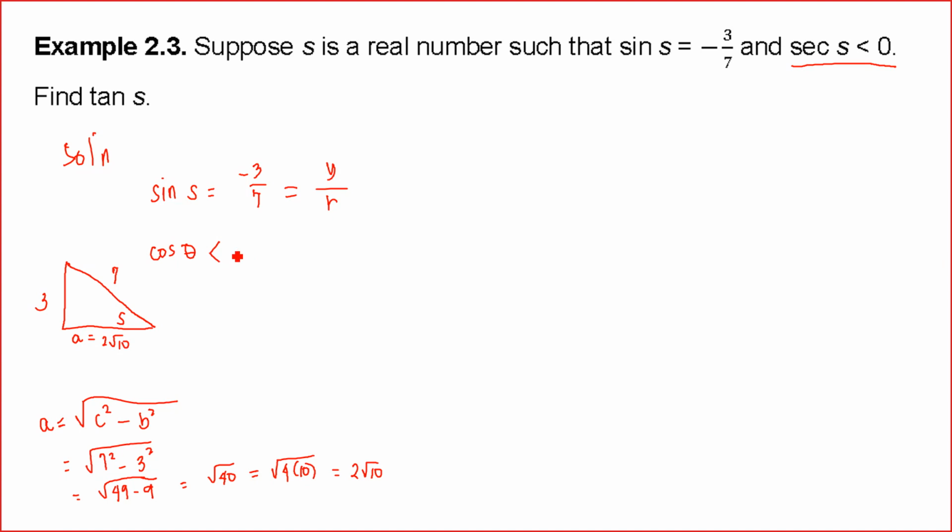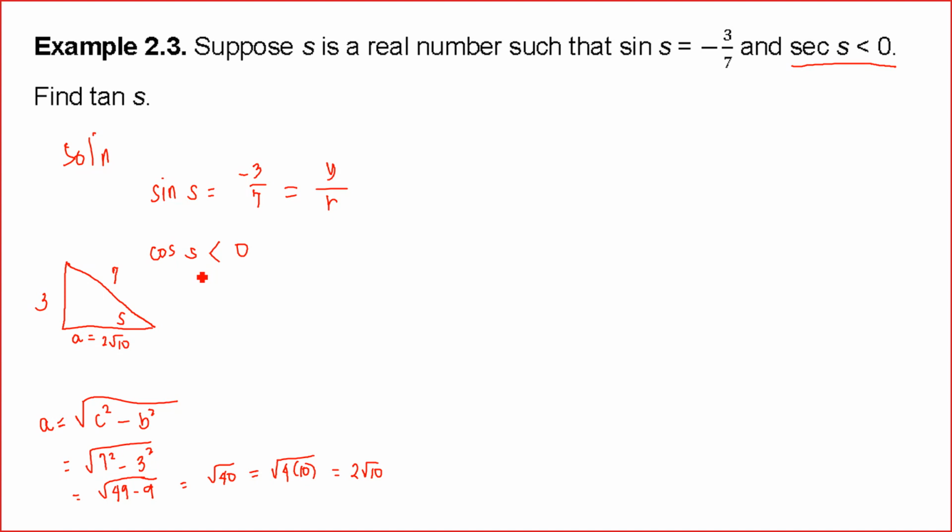Actually, it should be cosine theta that is less than 0, therefore it's negative. We can now visualize that our sine s is negative and cosine s is negative. That point lies in the third quadrant.